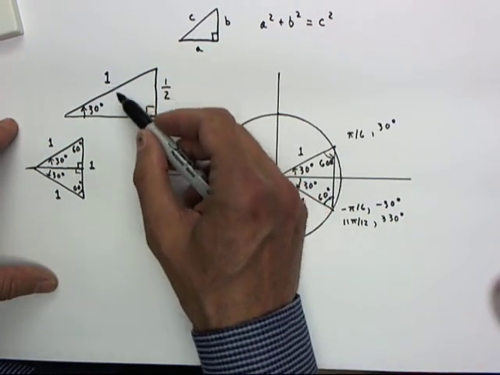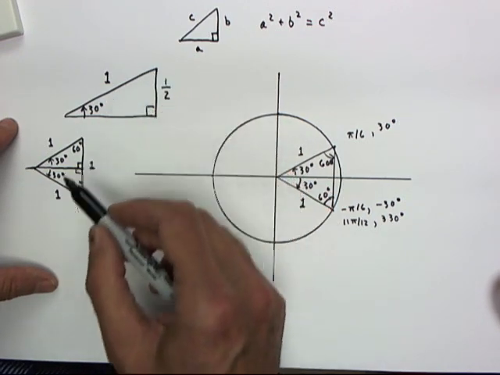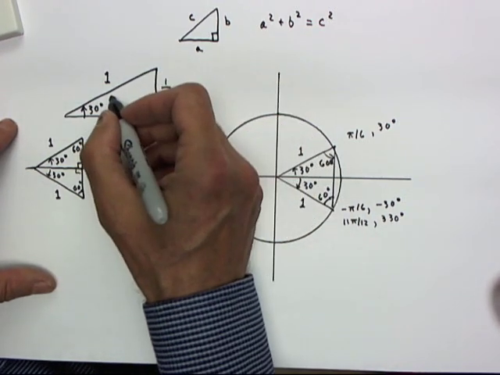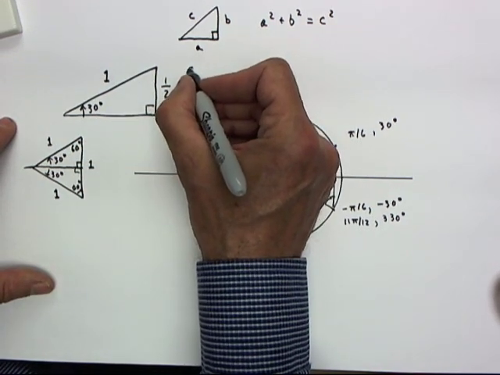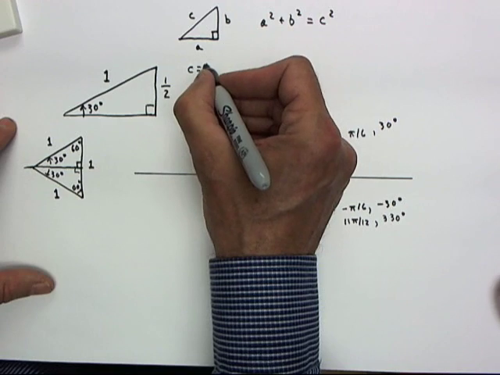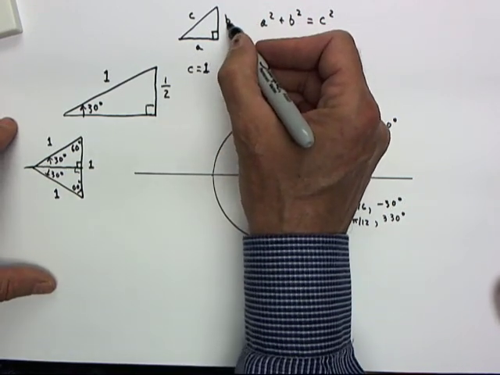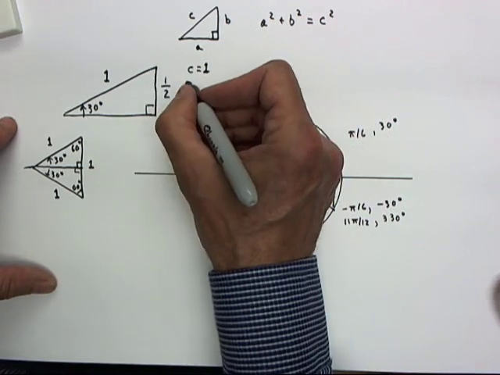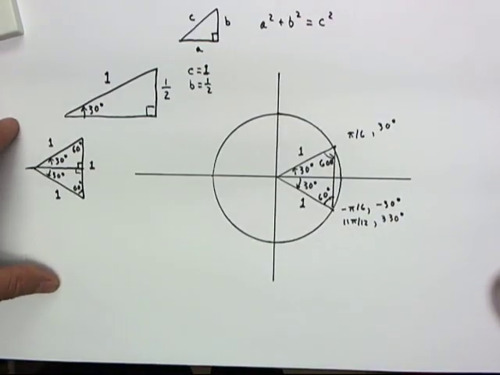So that 1 is the C side of this triangle because it's opposite from the right angle. So for this triangle, C equals 1. And just going with the labeling we have here, we're going to say that B equals 1/2. What do we conclude?